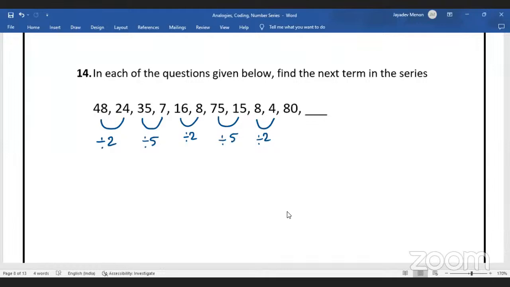So here we are dividing by 2 and 5 alternately. So 80 should be divided by 5. 80 divided by 5 is 16. So the answer is 16. Next one.